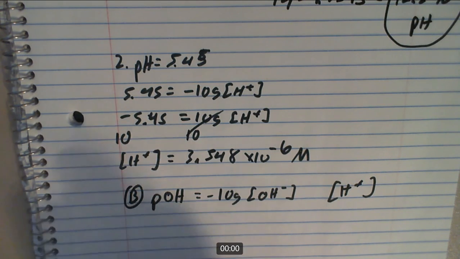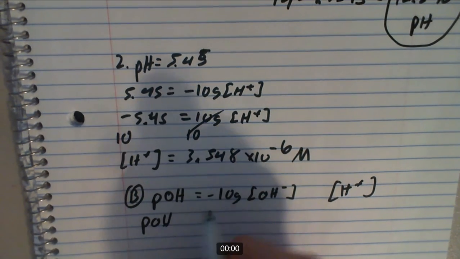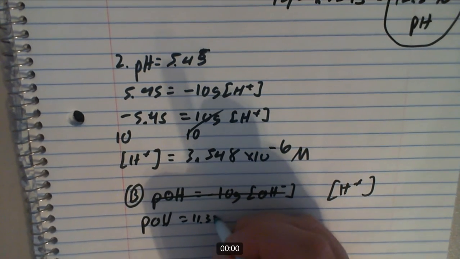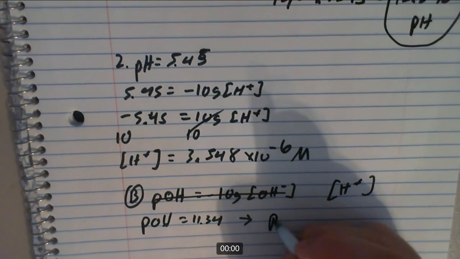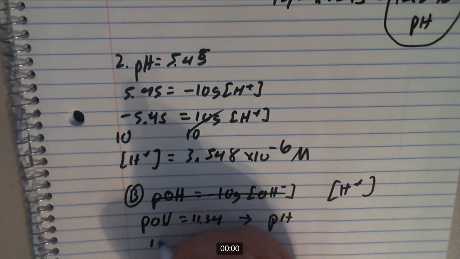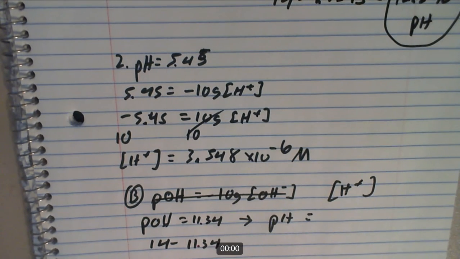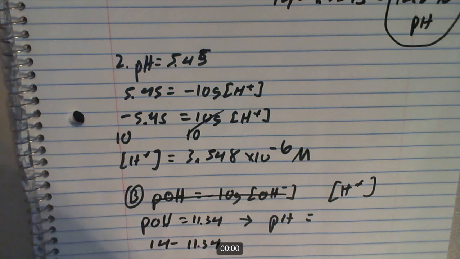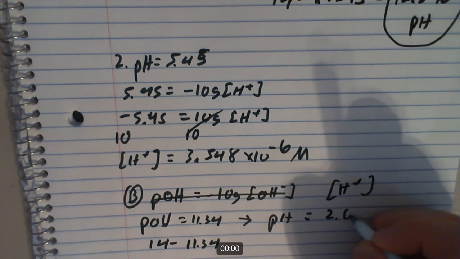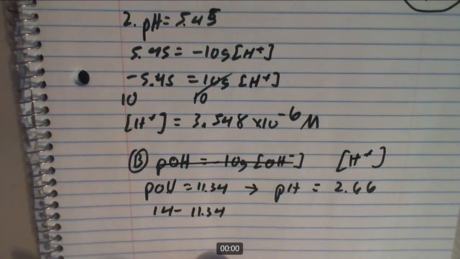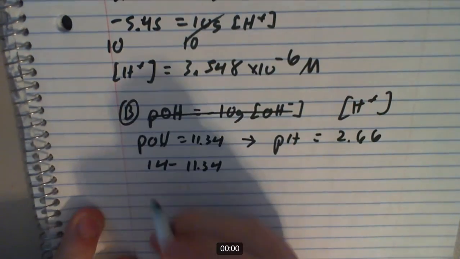The first thing I should do is turn my pOH, which is 11.34, into the pH. To do that, you just take 14 minus 11.34, and you will get the pH. So 14 minus 11.34, and I get 2.66.